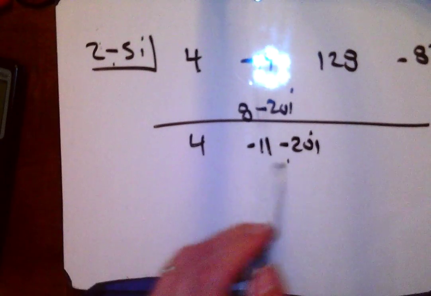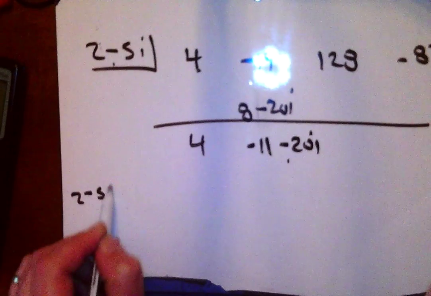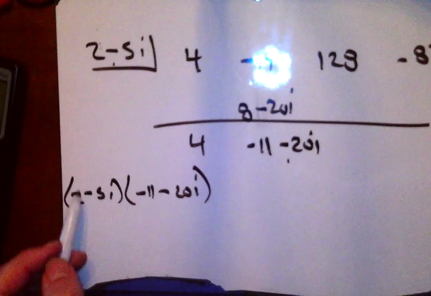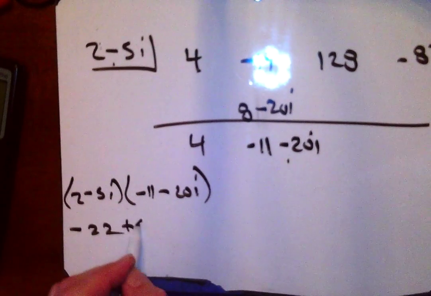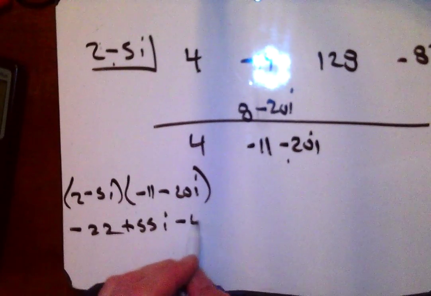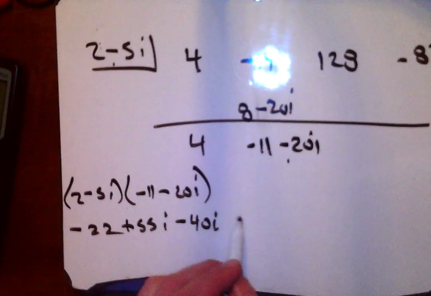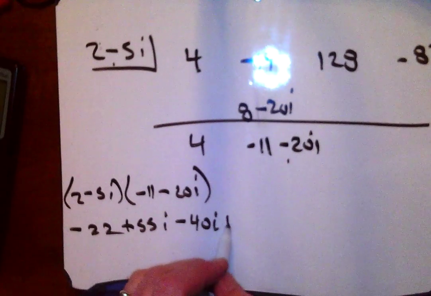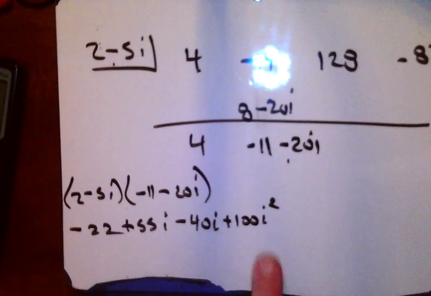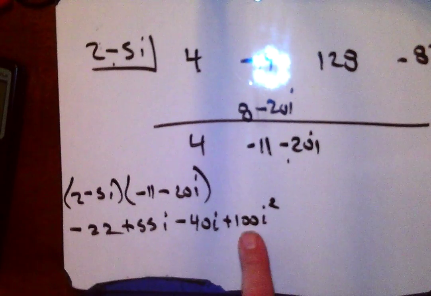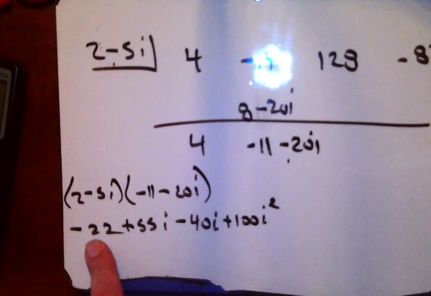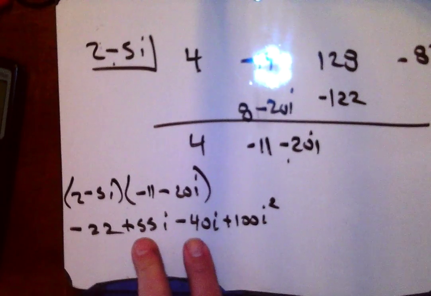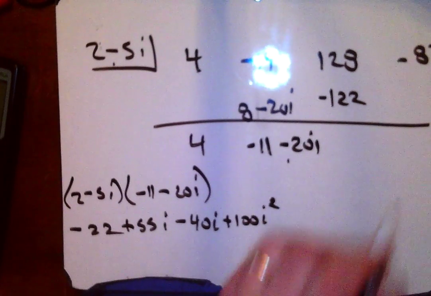Now I've got to FOIL this with this: 2 minus 5i, -11 minus 20i. So it's going to be negative 22 plus 55i minus 40i. That's going to be 100 plus 100i squared. Well, i squared is negative 1. Negative 1 times 100 is negative 100 plus negative 22, so negative 122. And then here, when I combine my terms, I get 15i.